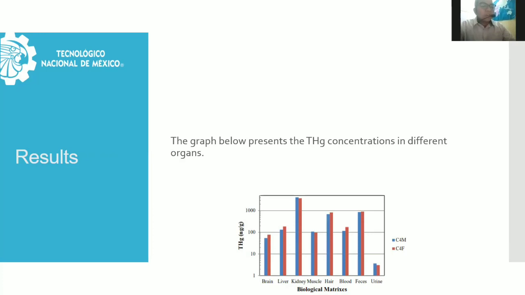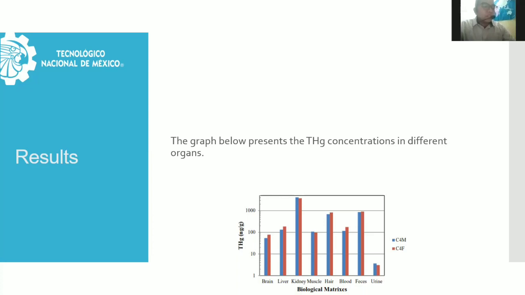Here we can see how the total mercury concentrations are presented in different organs. The graphs are of two selected rats, C4M, which is male, and C4F, which is female.